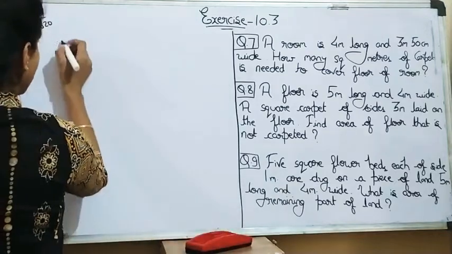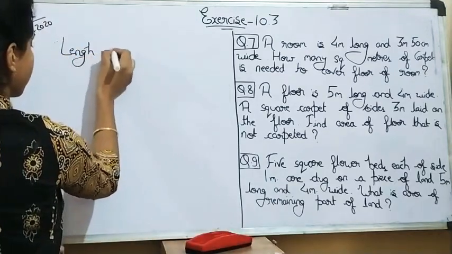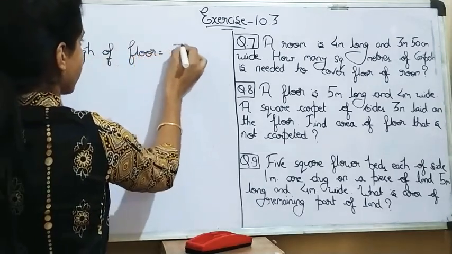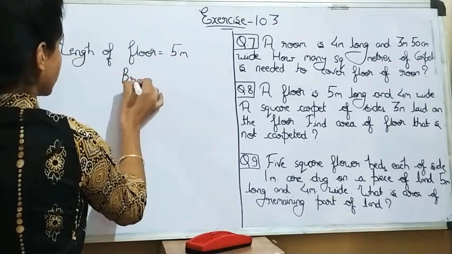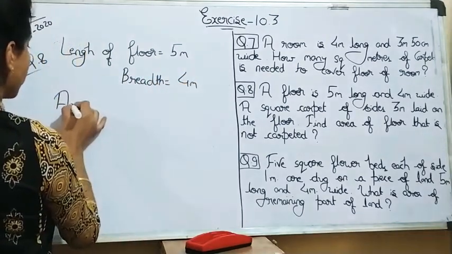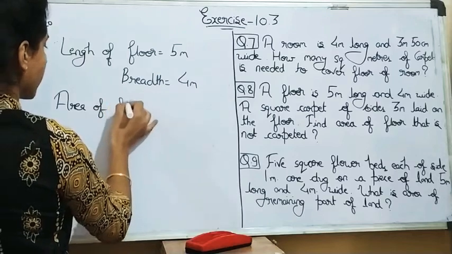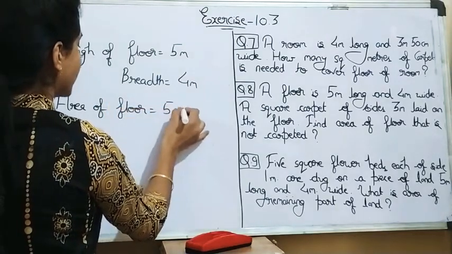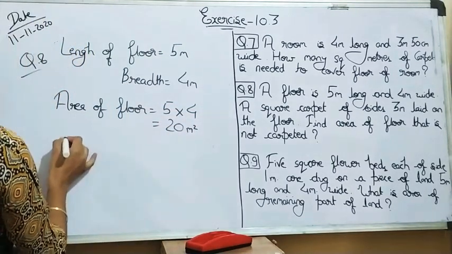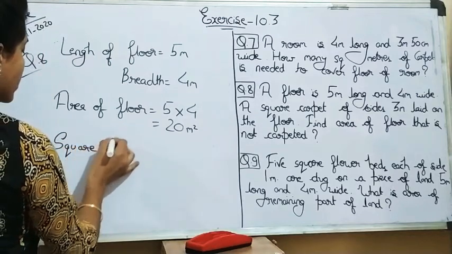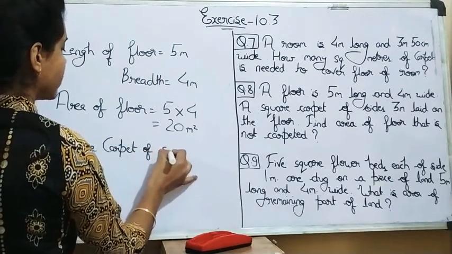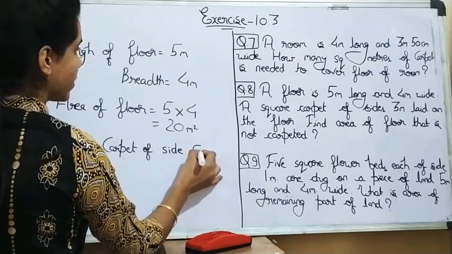Length of the floor equals 5 meter, breadth equals 4 meter. So area of floor is 5 multiplied by 4, 20 meter square. Now square carpet of side 3 meter.